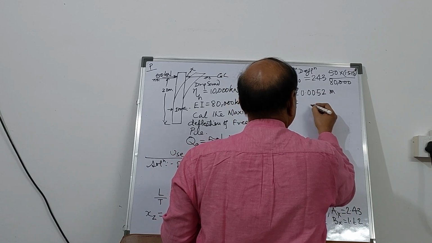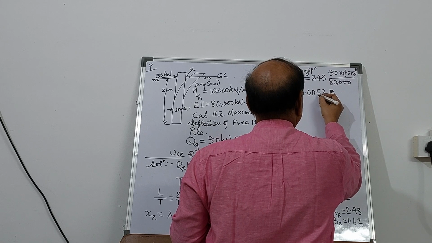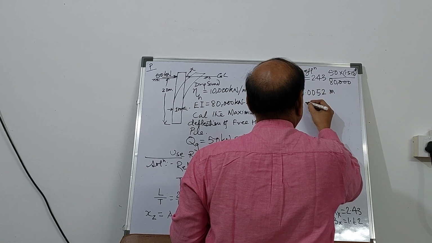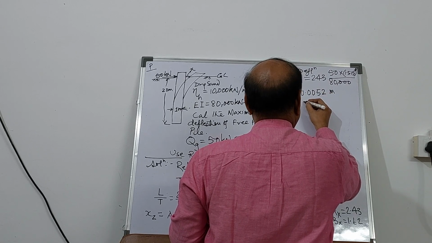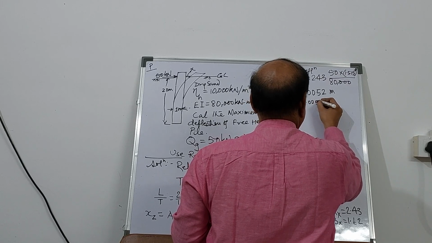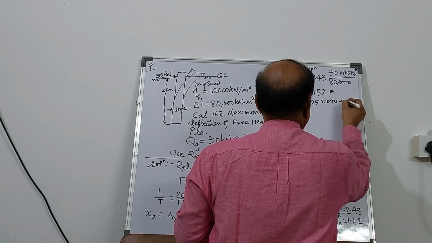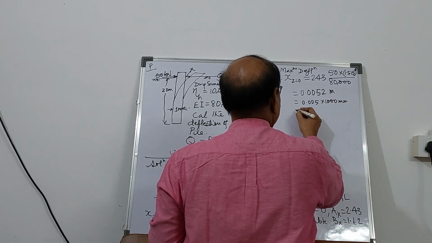In millimeter, if you calculate it, it will be 0.005 into 1000 millimeter.